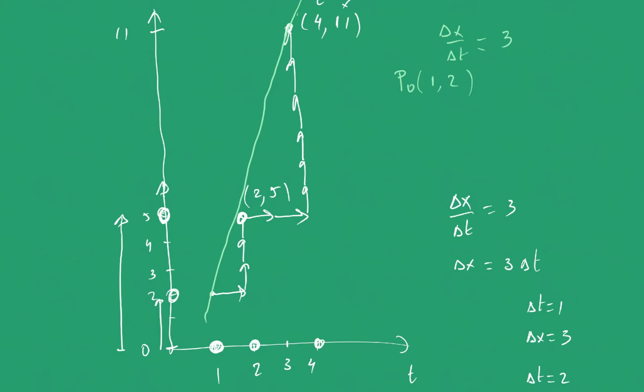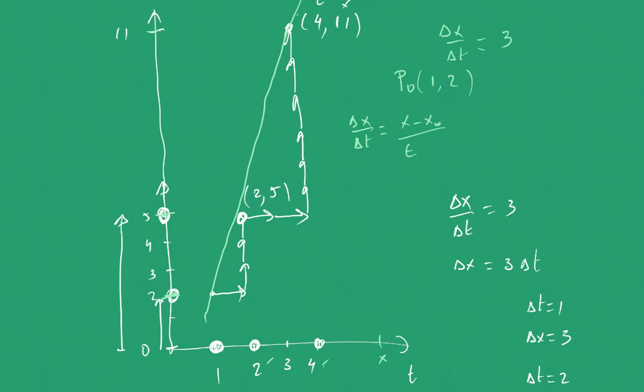What is the equation? Well, delta x divided by delta t is x final minus x initial. So x final could be the 2, the 5, the 11, or maybe the x.